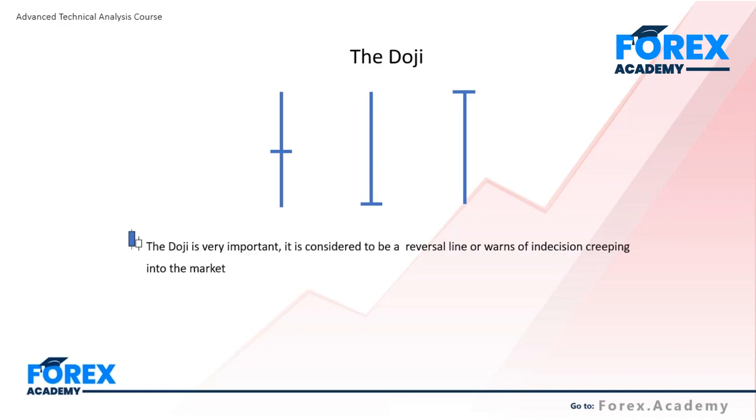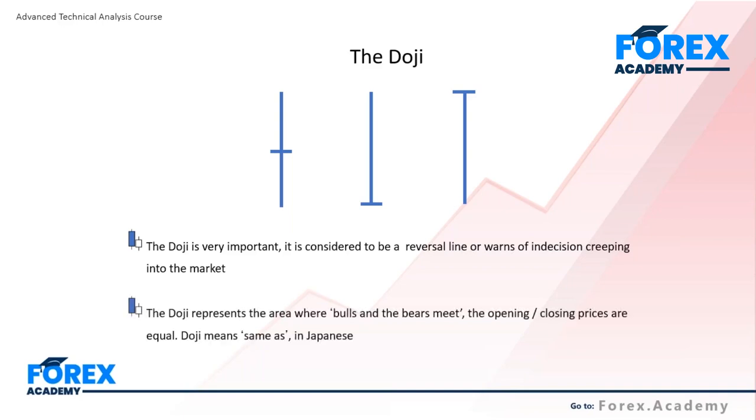Remember, if we have seen the market trading decisively in either an upward or a downward direction, and then suddenly a degree of indecision creeps into the market, that potentially is an early warning sign of a change in sentiment. So the doji is regarded as a very important pattern.